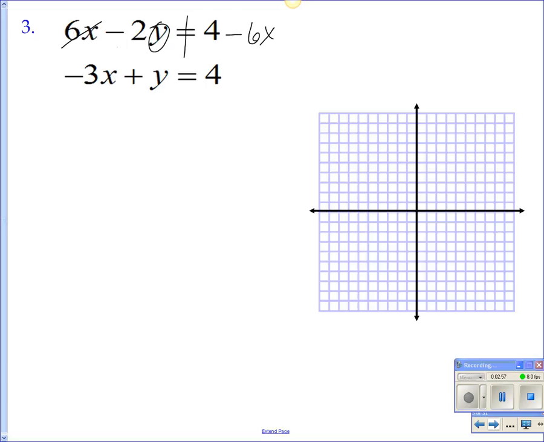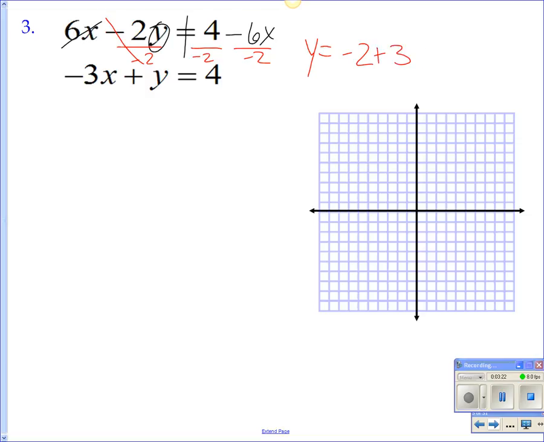Divide it by what? Negative 2. Without a calculator, 4 divided by negative 2 is negative 2. And then a negative over a negative? Positive. And what's 6 divided by 2?